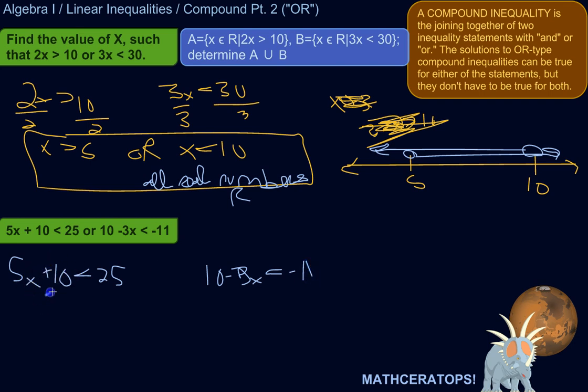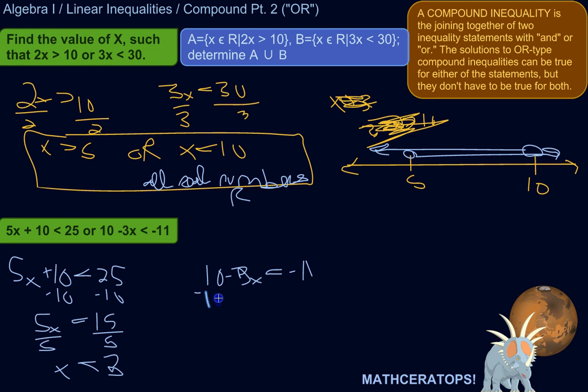Let's just deal with these separately first. 5x plus 10 is less than 25. I want to get x by itself, so let's subtract 10 from both sides. Making some progress here: 5x is less than 25 minus 10, which is 15. We can divide by 5. So x is less than 15 divided by 5, which is 3.